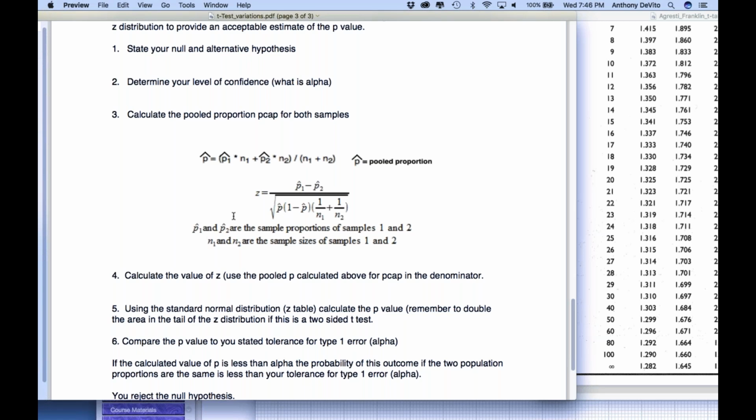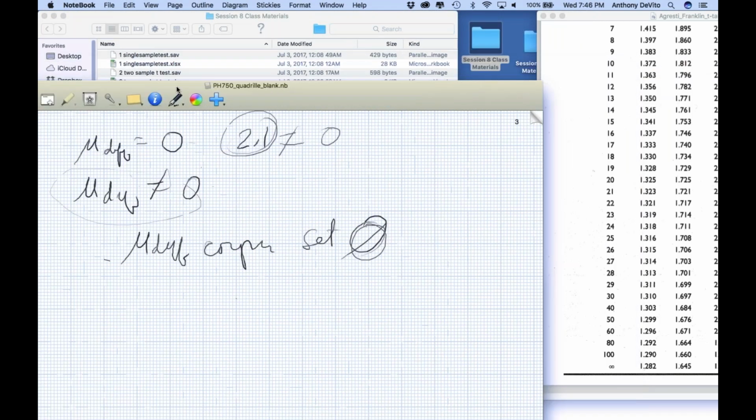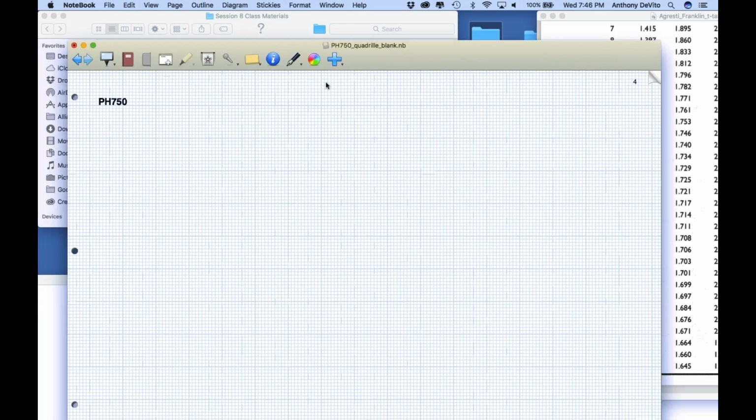So now, since I have two proportions, you may remember that when I was looking at confidence intervals, you remember what we used for the standard error for confidence intervals when I was looking at a proportion? If I was looking at a proportion like P cap equal to 60%, and I wanted to know what the confidence interval for this was.